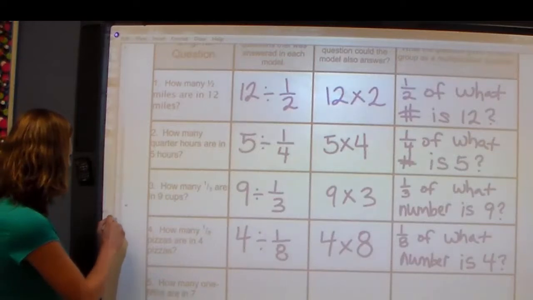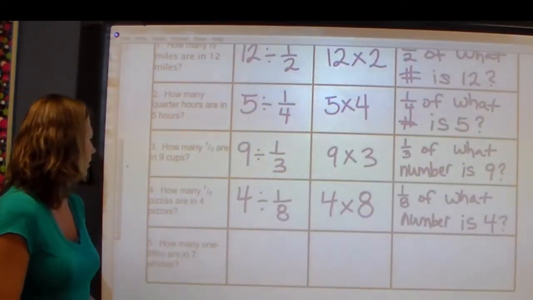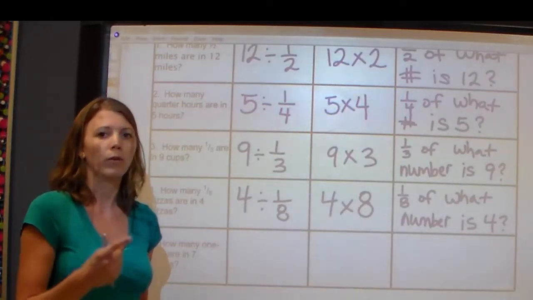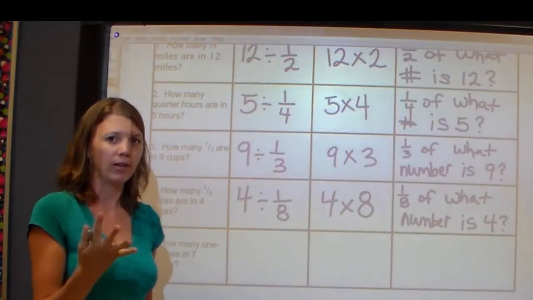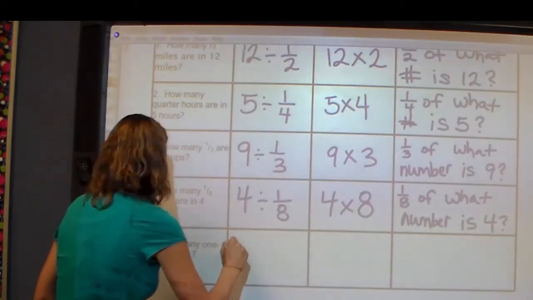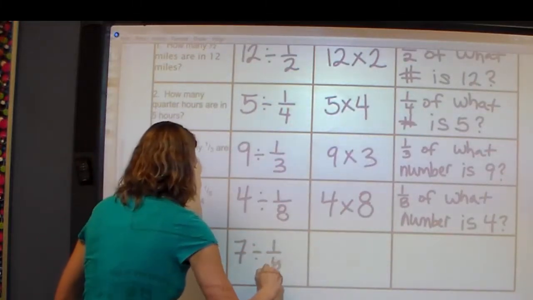And our last one for right now, how many 1/5 are in 7 wholes? Again, if you think about how many 1/5 are in one whole, 1/5, 2/5, 3/5, 4/5, 5/5, there would be 5/5 in one whole. So let's go ahead and divide 7 by a 5th.